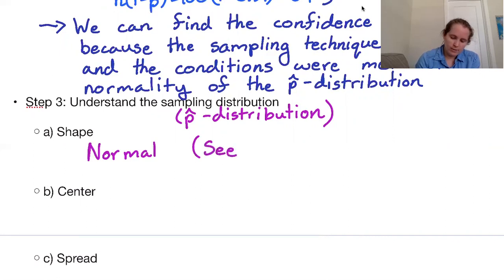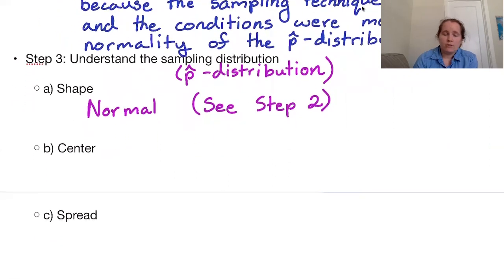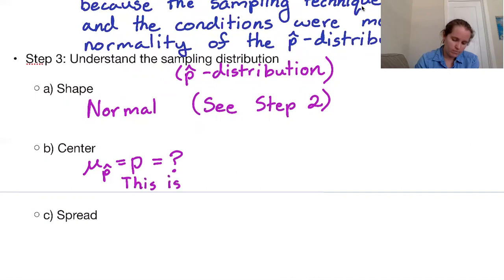We did this in step 2. For the center, recall that mu sub p-hat is equal to p. Well, this is precisely what we are trying to estimate. So we don't know this. This is what we wish to estimate.